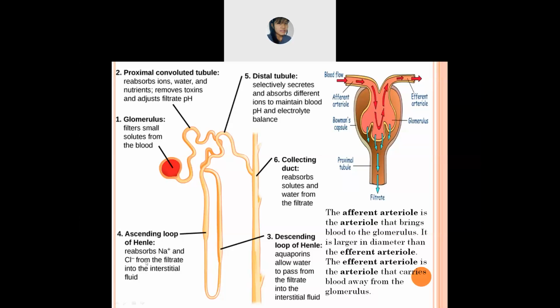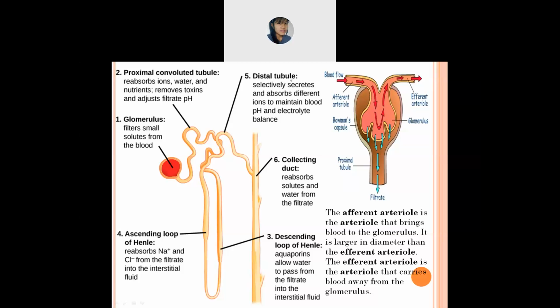They will again reabsorb from the filtrate. Filtration was done here, so it will go into the interstitial fluid. Interstitial fluid was what? A mixture of water and ions. All this will occur in the ascending loop of Henle. Reabsorption will occur. Did you get the ascending loop of Henle?